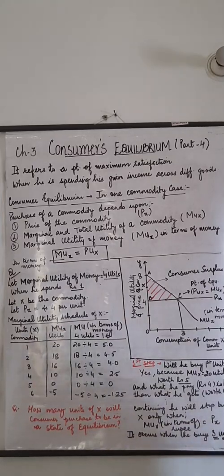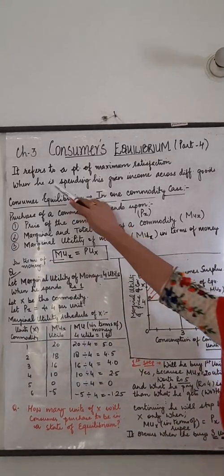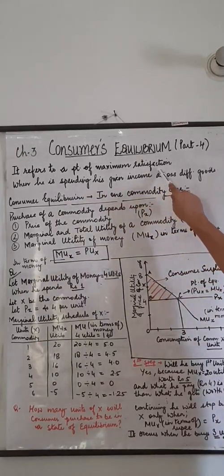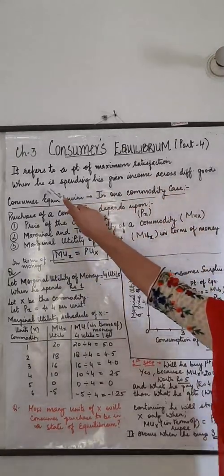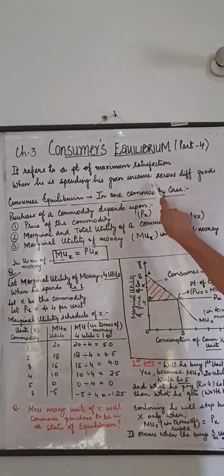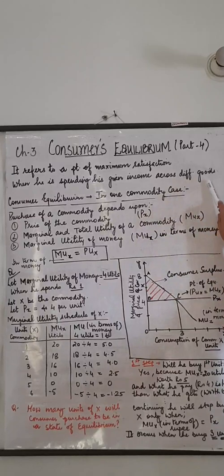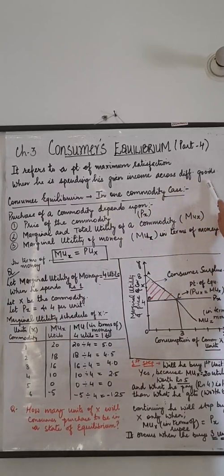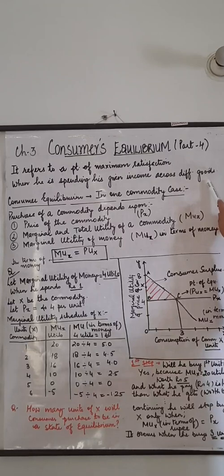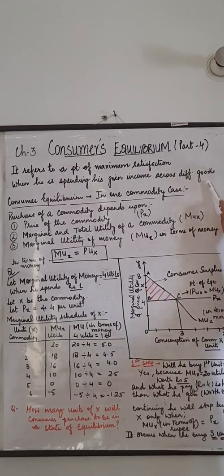Now you can relate it easily that it refers to a point of maximum satisfaction when a consumer is spending his given income across different goods. Understood? That is why we purchase only those things whose worth we get. We don't just spend our money like that.